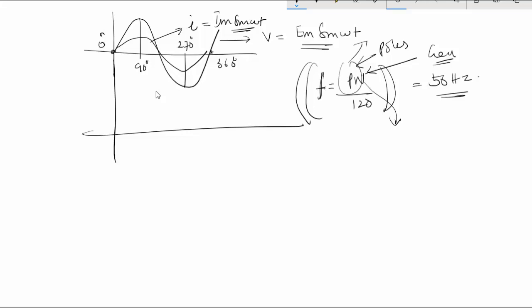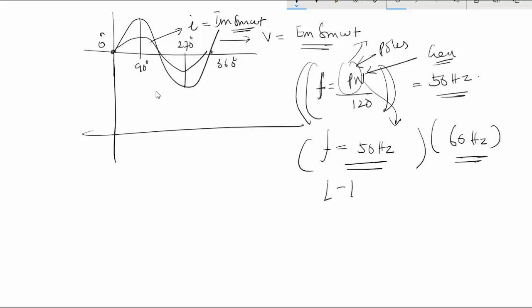The frequency of electricity in India is usually 50 Hertz, while in some foreign countries it's 60 Hertz. And the line to neutral voltage is 230 volts in India approximately.